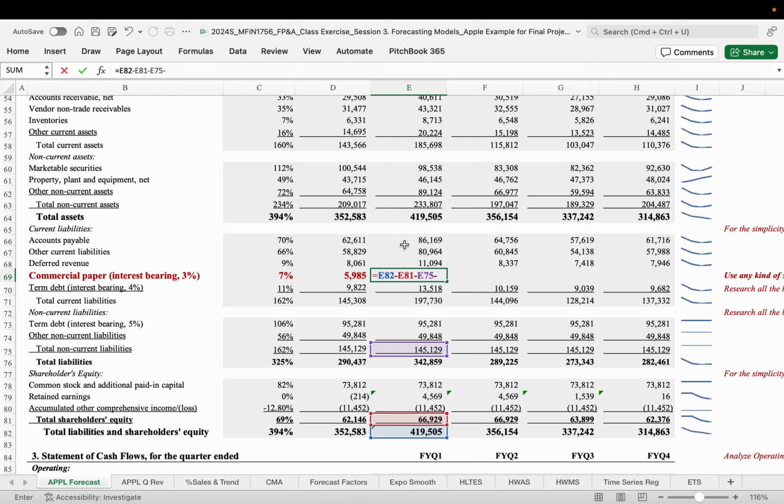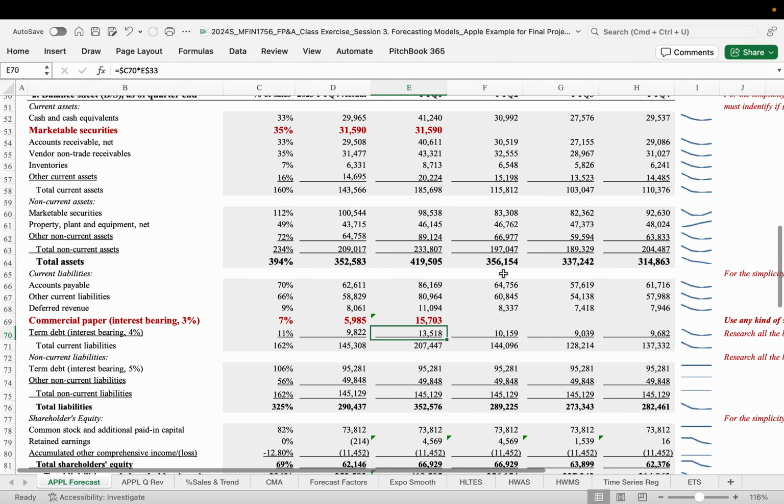Then minus all the factors of the current liabilities except for the commercial paper. So now you got this commercial paper, right? So they increase the commercial paper or any short-term debt financing tool, right?